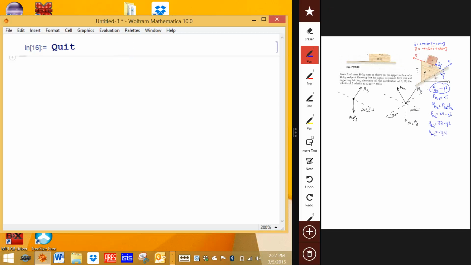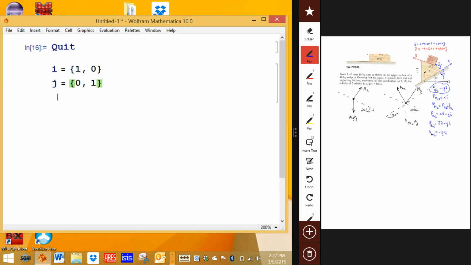Right, first thing I'm going to do is define my I, j, and k vectors. Okay, so I and j, it's 2 dimensions, so I don't really need k.